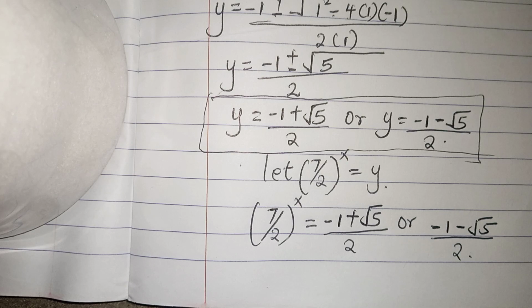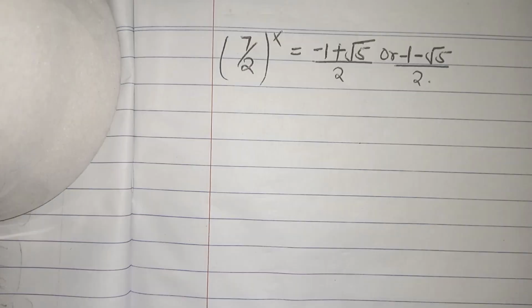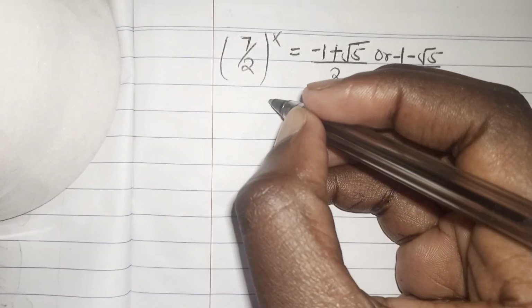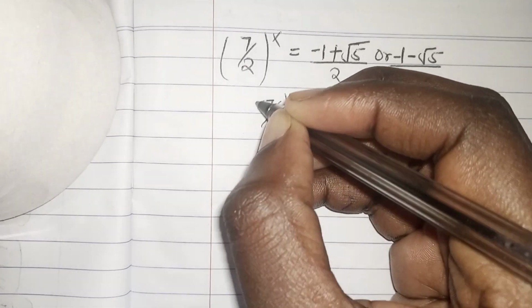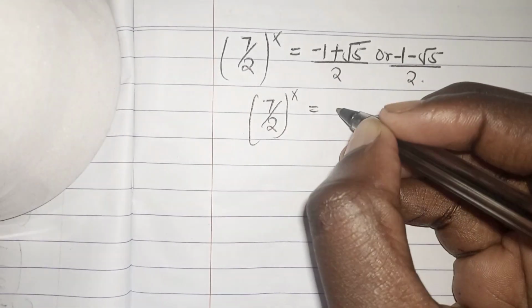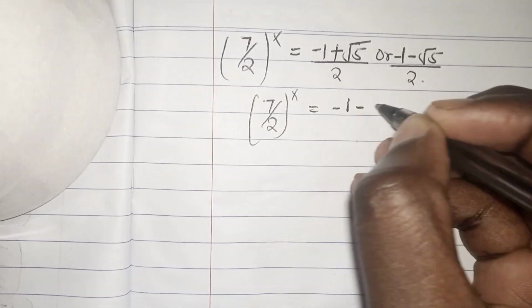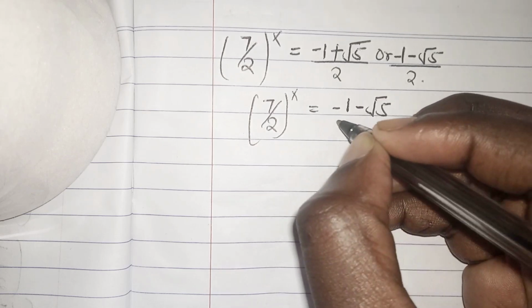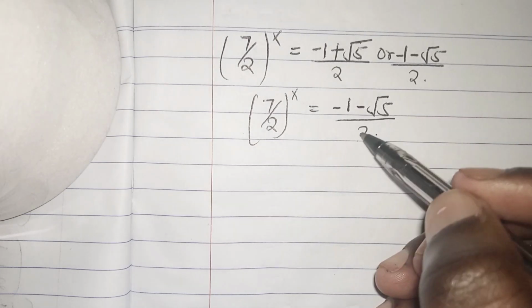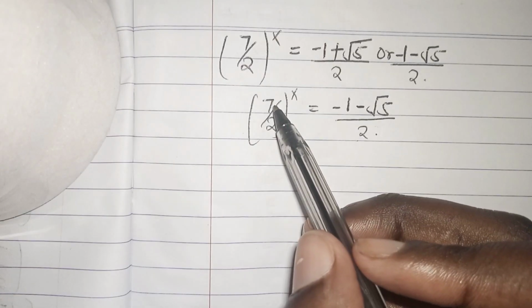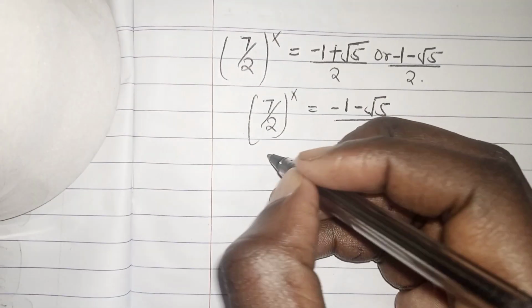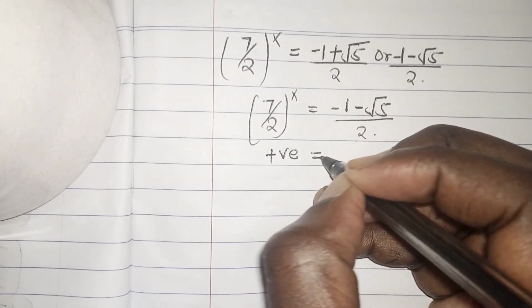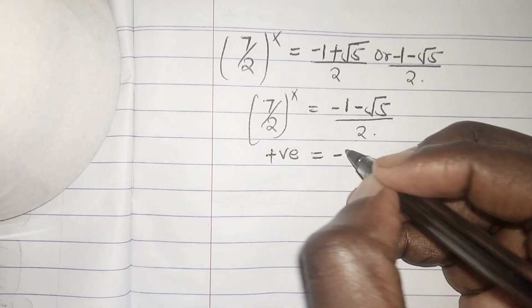So let me begin on a new page. 7 over 2, all this to the power of x is equal to negative 1 minus the square root of 5 over 2. So for this case, 7 over 2 to the power of x should give us a positive value, is equal to, this is negative.